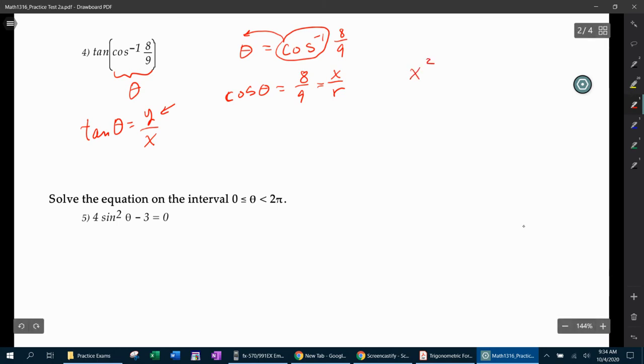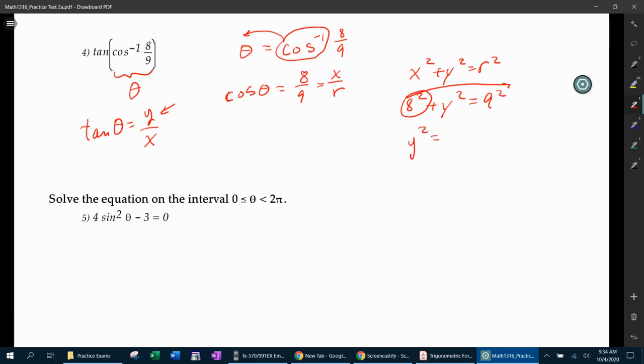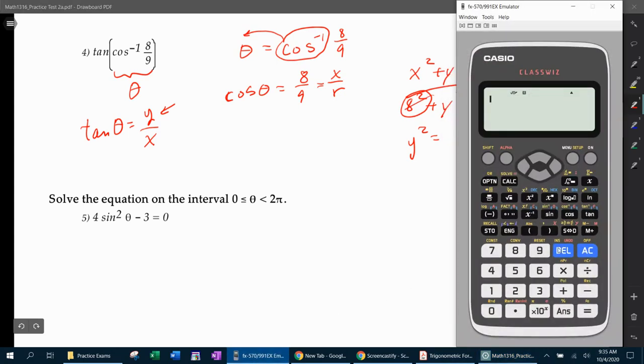So we're going to use Pythagorean Theorem to find y. 8 squared plus y squared equals 9 squared. Moving the 8 squared over, 9 squared minus 8 squared. That is not 1 squared. It doesn't work that way. 9 squared minus 8 squared is 17.